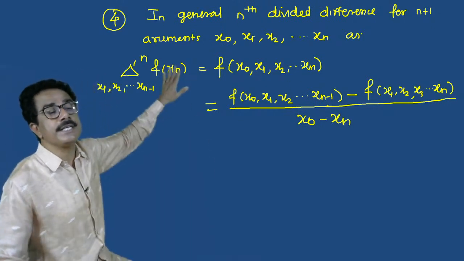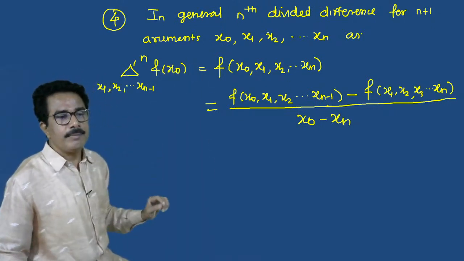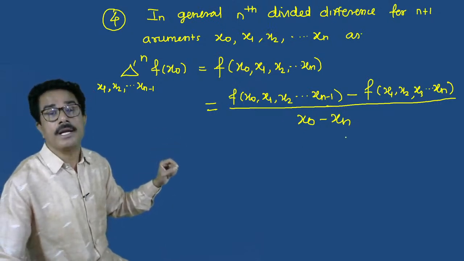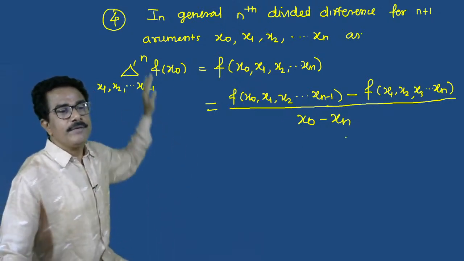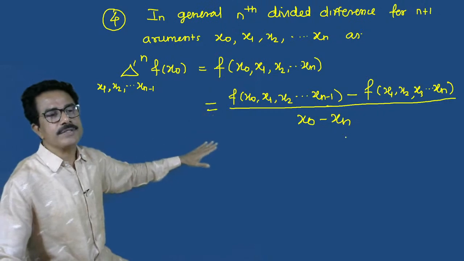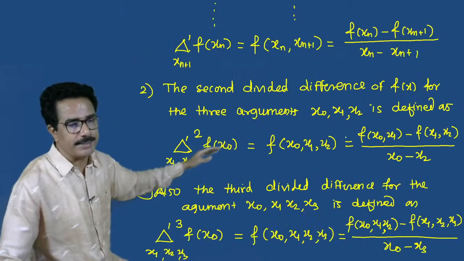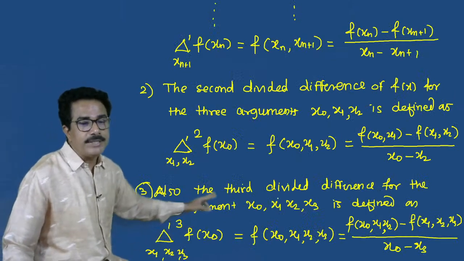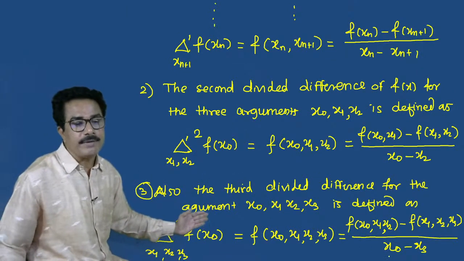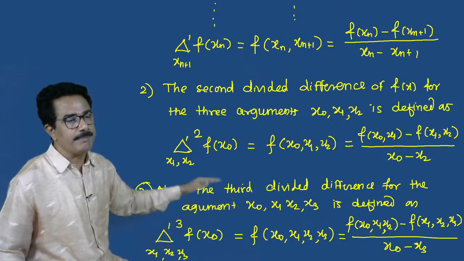See this is a nth divided difference. म्हटले की x0 minus xn, लक्षात घ्या. You note that for the nth divided difference we can define as a denominator x0 minus xn. For third divided difference, denominator will be x0 minus x3.